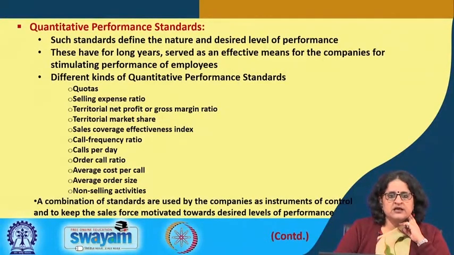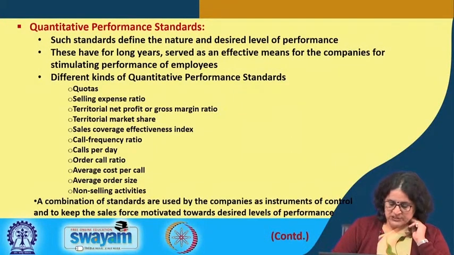We shall be discussing all of these standards in the next few minutes, and of course companies use a combination of these standards as instruments of control so that they can ensure that the sales force are kept motivated towards desired levels of performance.